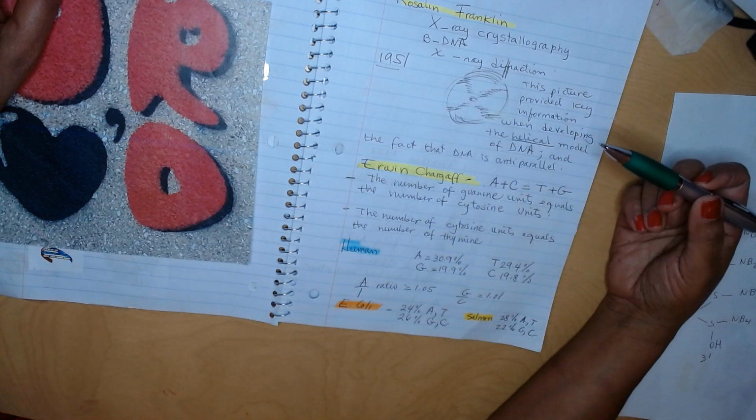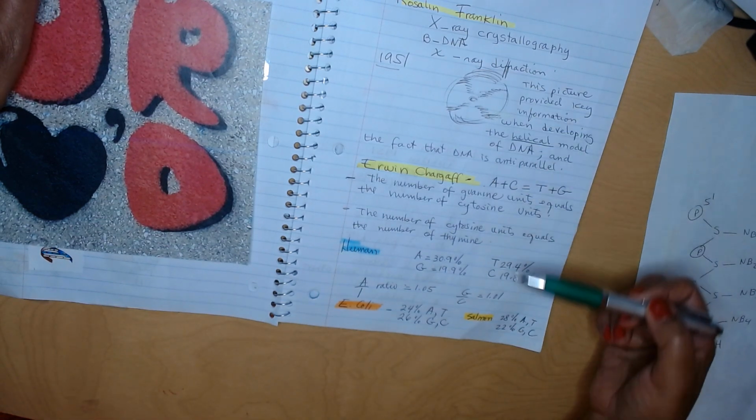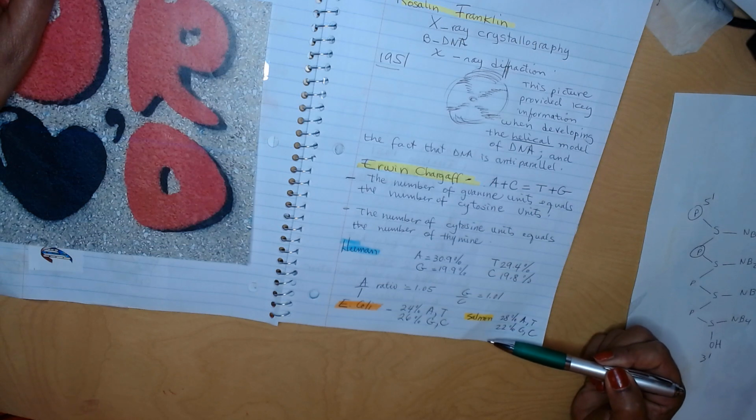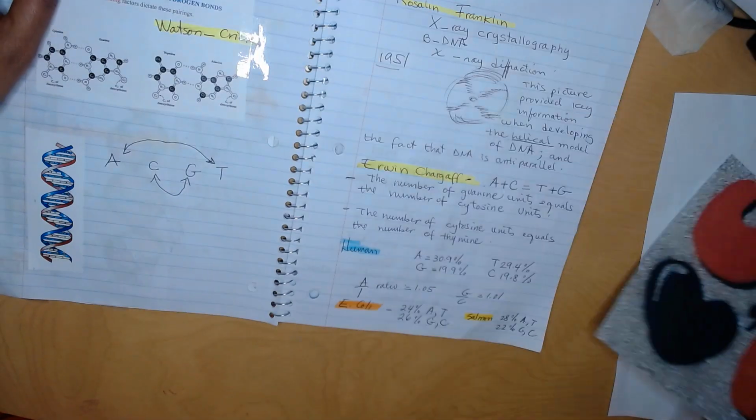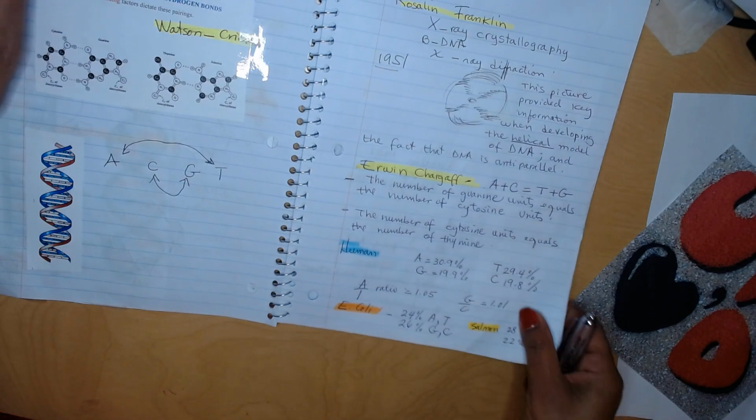So putting together these two pieces of information, the percentages of the nitrogen bases and the X-ray crystallography, Watson and Crick came up with a proposal.